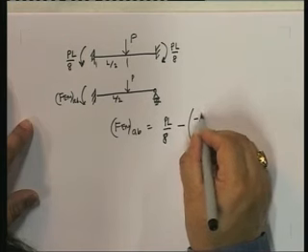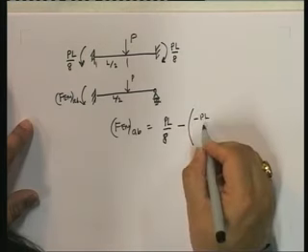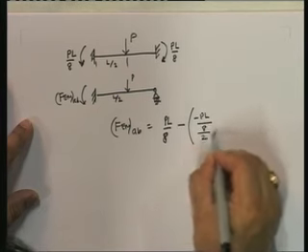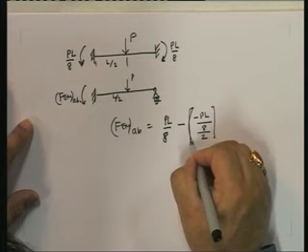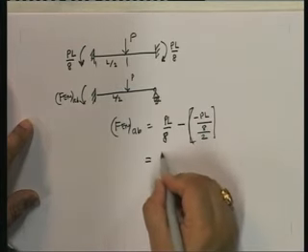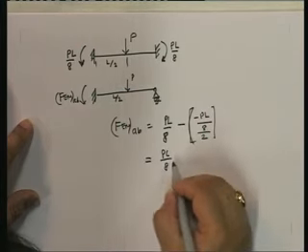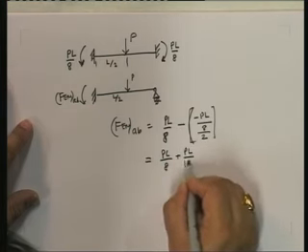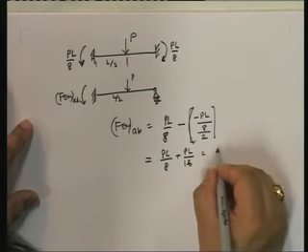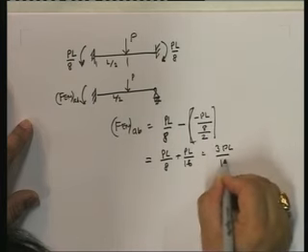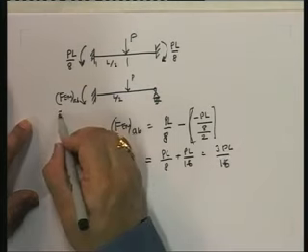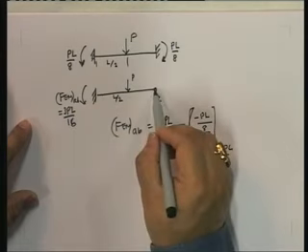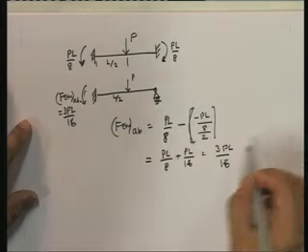Note that the fixed end moment here is negative because it's clockwise, minus PL upon 8 divided by 2. So this becomes PL upon 8 plus PL upon 16, and this becomes 3PL upon 16. So this is equal to 3PL upon 16 when this end is hinged, the fixed end moment.